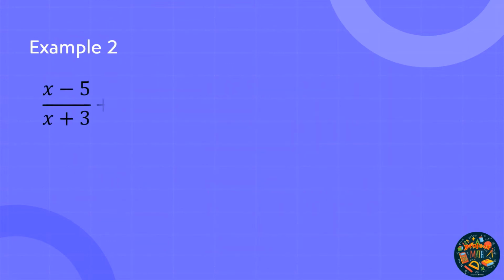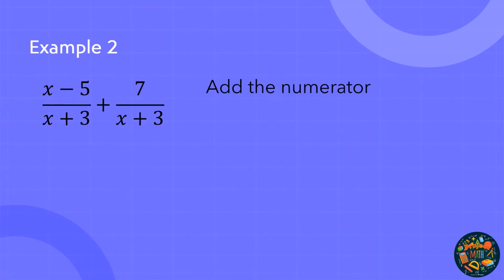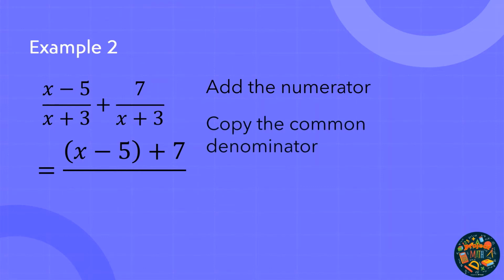Example number 2. x minus 5 over x plus 3 plus 7 over x plus 3. So first, add the numerators. So you have x minus 5 plus 7. Then, copy the common denominator. So the common denominator is x plus 3. Okay, for this time, you have to combine similar terms. Since negative 5 and positive 7 are similar terms, let us combine them.